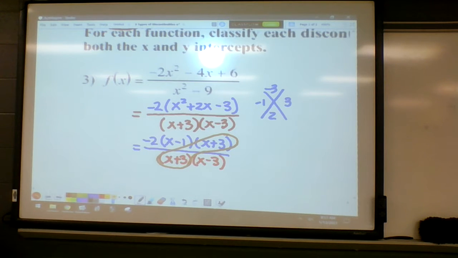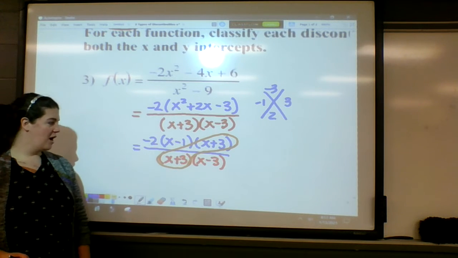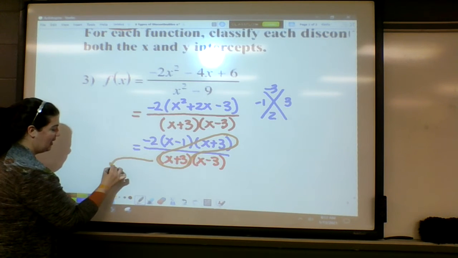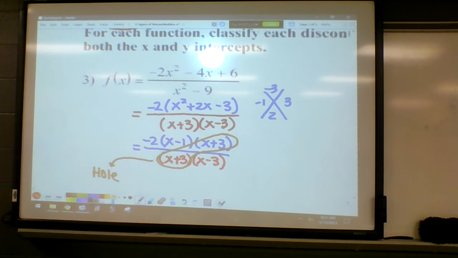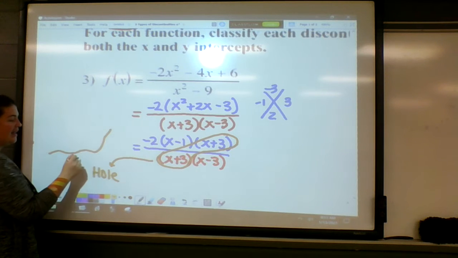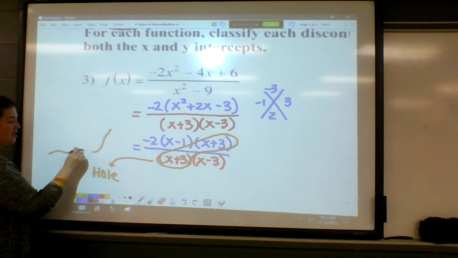You have a match. So there is a discontinuity at -3, because if you put -3 in, you're going to have 0, and on the top you'll also have a 0. So there is a discontinuity there. And what is happening is there is a hole in the graph. So your graph is going along, and it gets to that point, wherever that point is, and there's literally a hole.